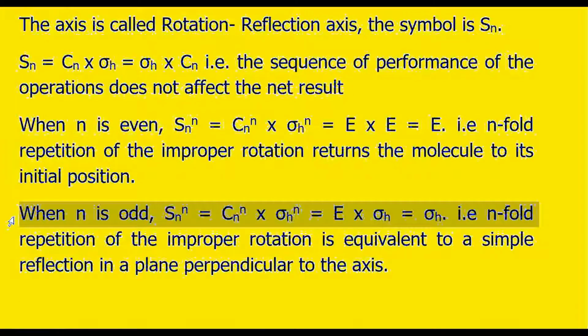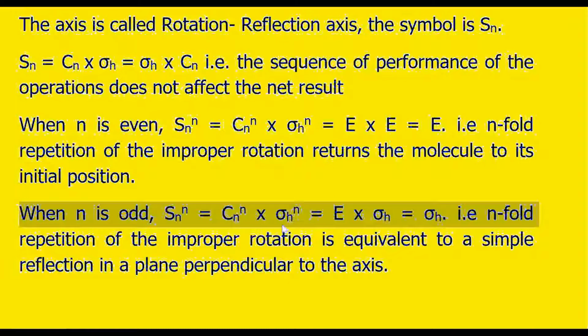When n is odd, again the general formula for Sn raised to n is equal to Cn raised to n multiplied by sigma h raised to n. We have already seen that irrespective of whether the value of n is even or odd, Cn raised to n is always equal to E. But reflection sigma h does not necessarily give the same result upon an odd number of reflections.